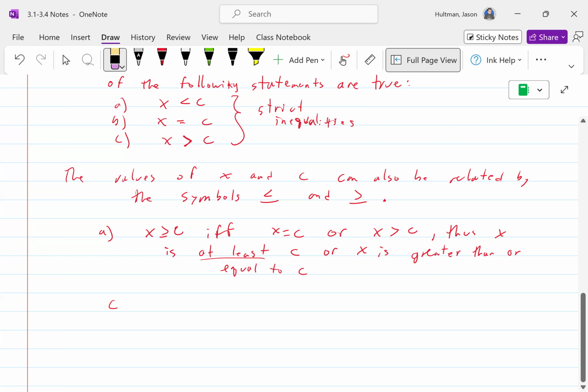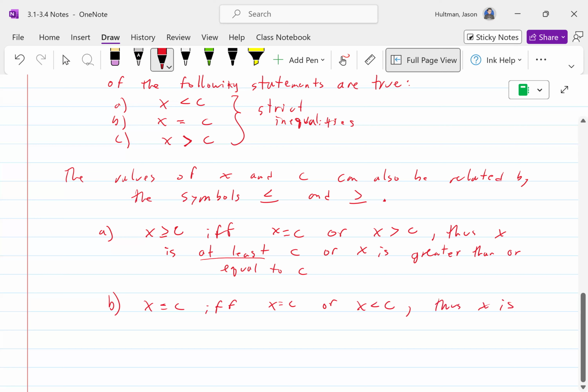B: x is less than or equal to c if and only if x equals c or x is less than c.